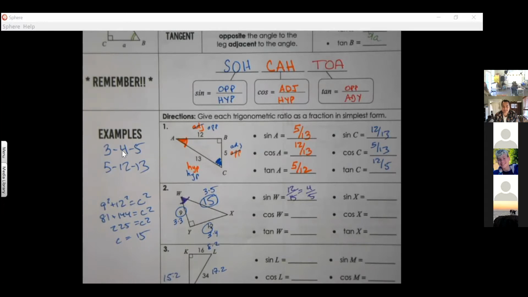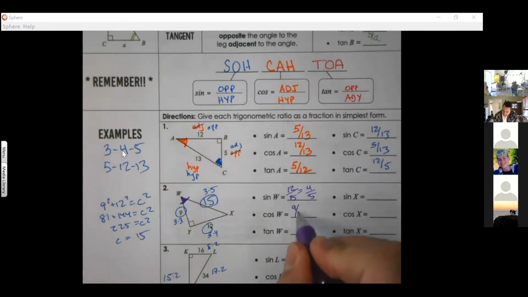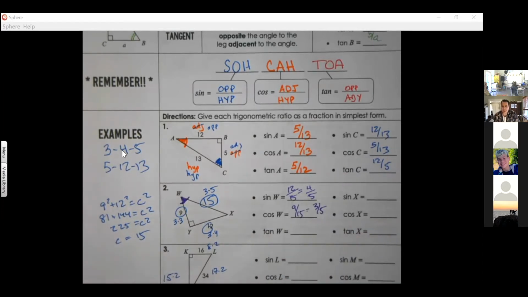Yeah, 3/5. Excellent. So it's 9/15, which is the same as 3/5. What about tangent of W? Keep going, Luke. 12/9. 12/9, which reduces to 4/3. Excellent. Okay, and let's crank through the X over here.